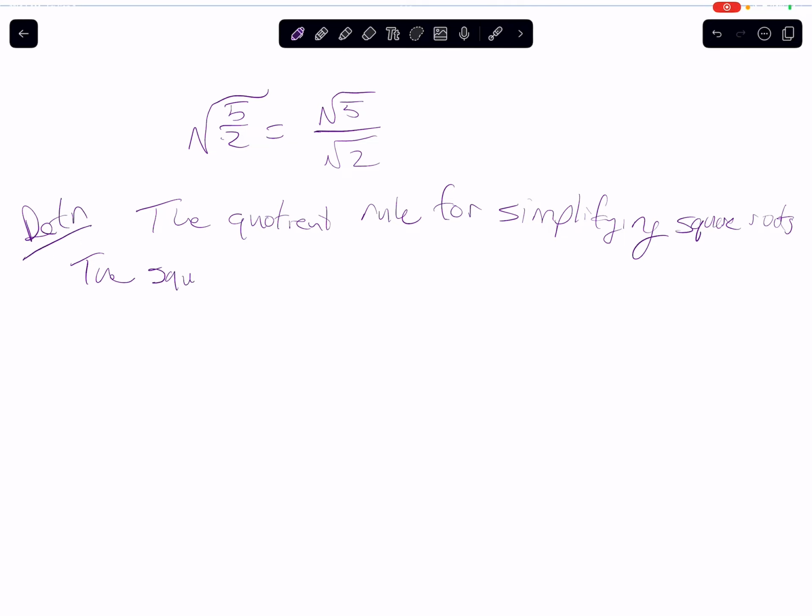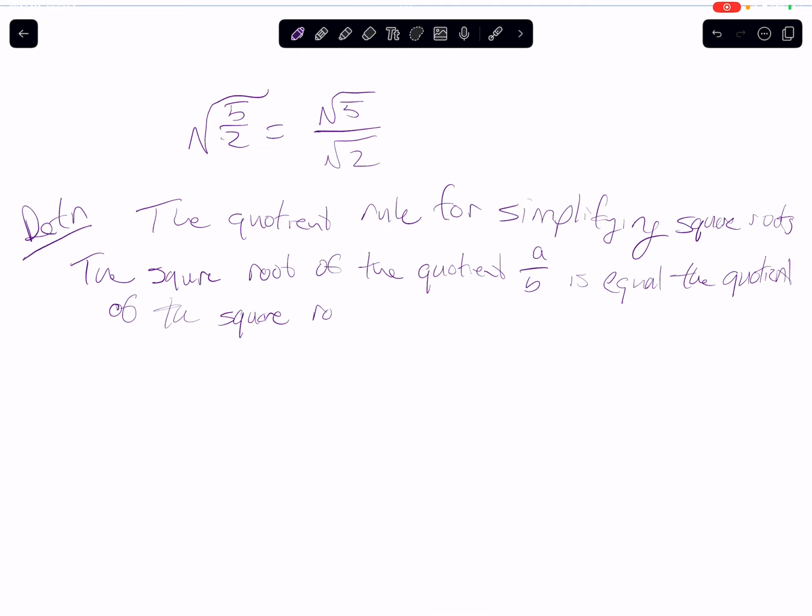The square root of the quotient a over b, a divided by b, is equal to the quotient of the square roots of a and b, where b is not equal to 0.